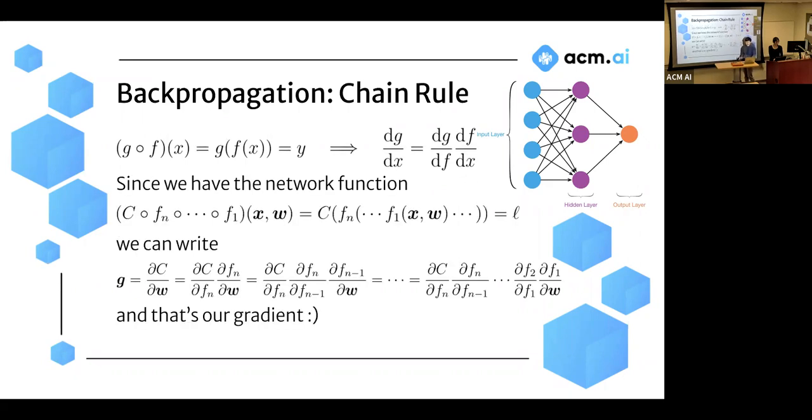So since we have the network function, our C composed with all these things, what we can write is basically, well, first we can say, okay, we can write this as this, right? Because we are basically saying the partial derivative of our loss function with respect to the output of the last layer, to our weights. Then we can further expand this to say it's the partial derivative of the last layer with respect to the output of the second last layer, and the second last layer to the weights.